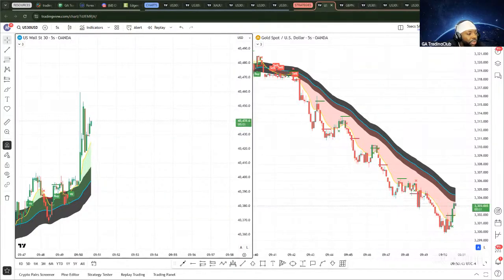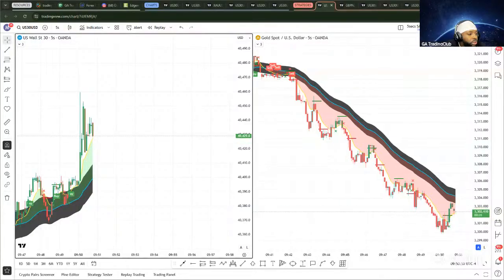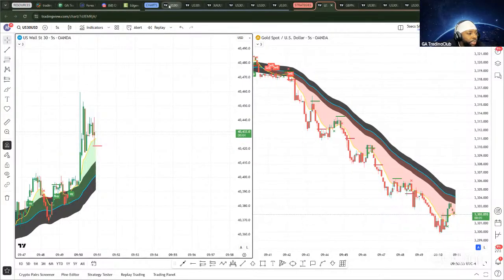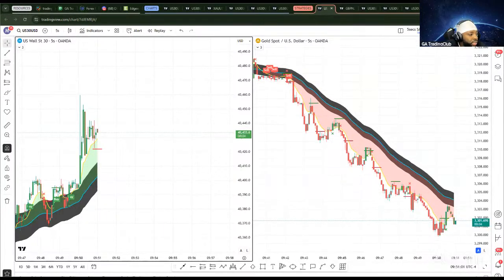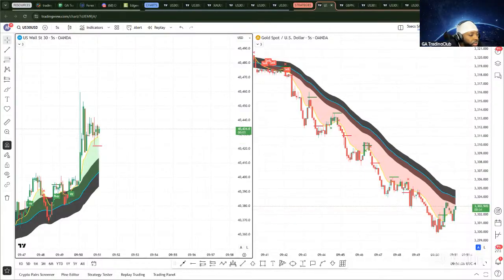Also we've tapped into that order block that's right there. I'd want to see a little bit more push in price. Remember, here we also have this daily order block, so this is a perfect time to get an entry.